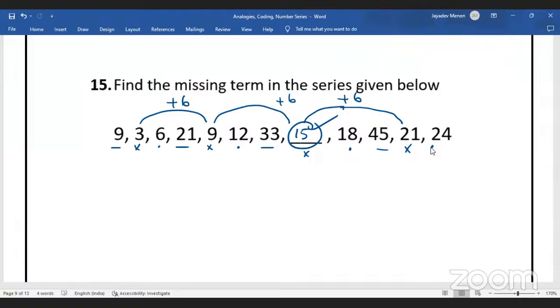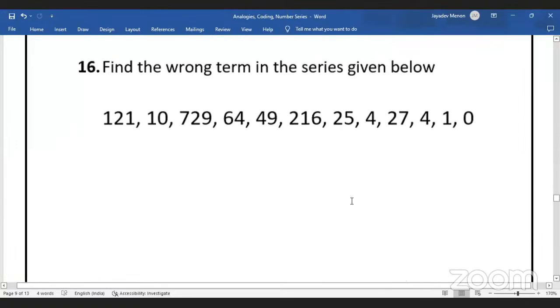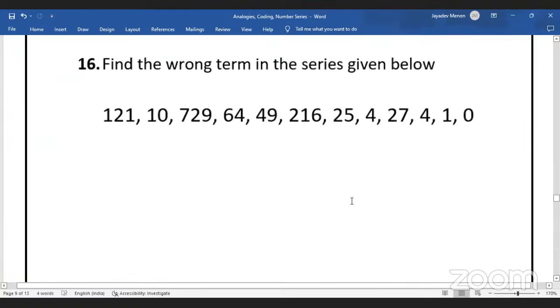So that pattern also works. So anyway, the answer is 15. Next question. Here we need to find the wrong term.